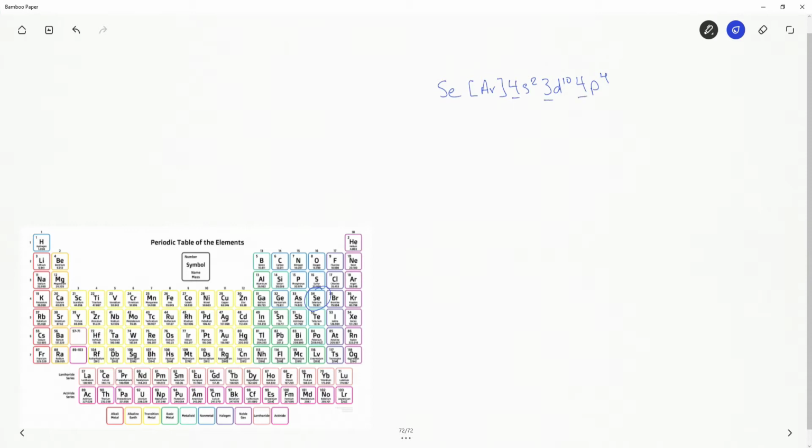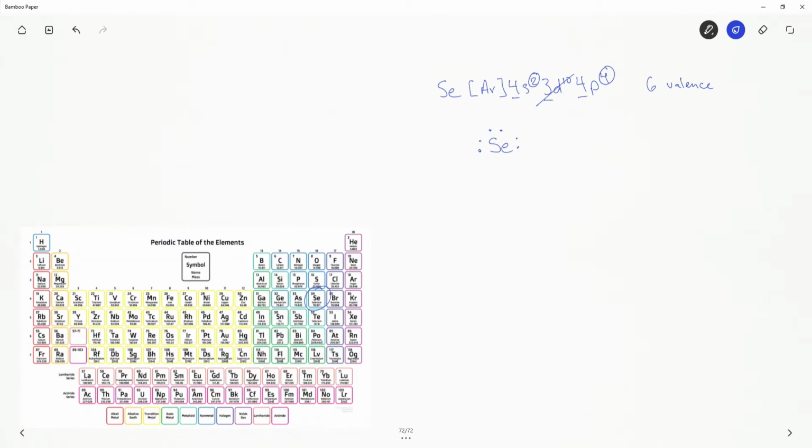So that means I will not include the 3d electrons. So I have 2 plus 4, I have 6 valence electrons. So my Lewis structure looks like this. 1, 2, 3, 4, 5, 6. Again, you can put these 6 dots in any order you want. I just tend to work from the right side around.